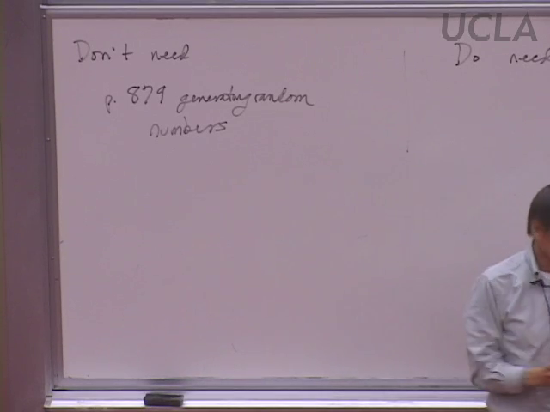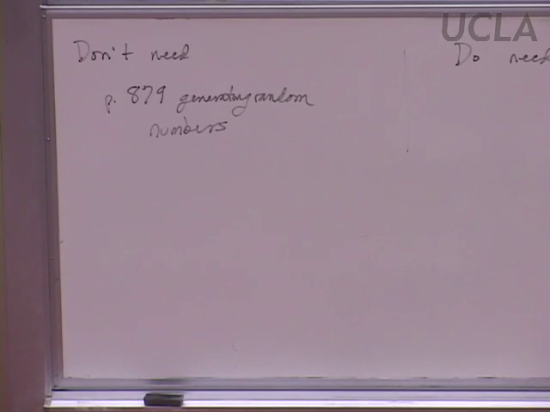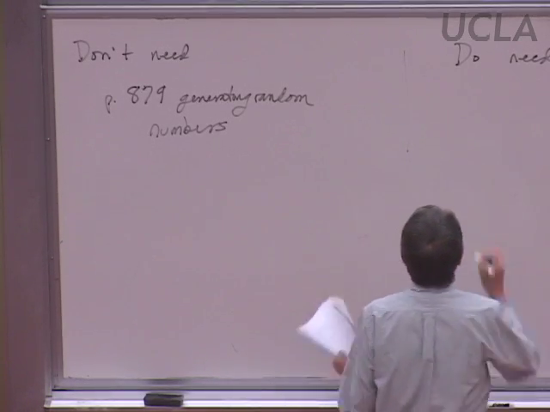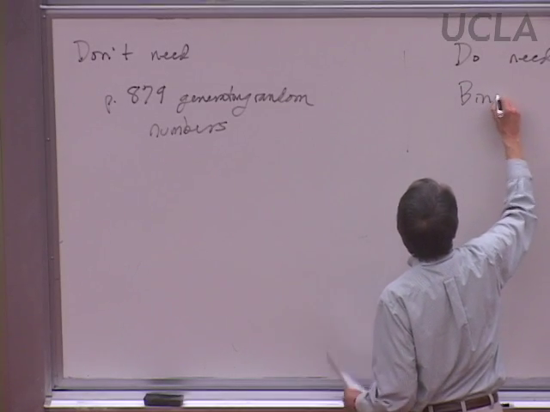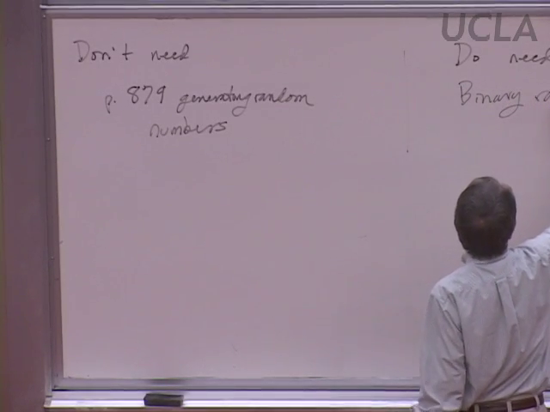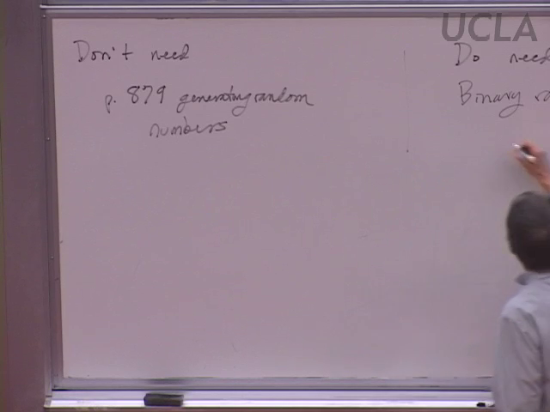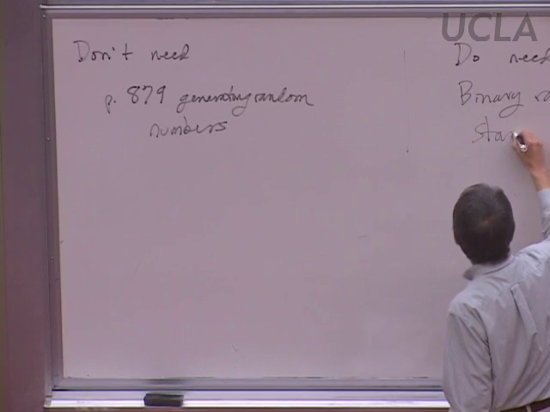But to balance that, what we do need, which is not in the book, or is in the book only mentioned in passing, is the fact that a binary random variable has standard deviation no more than a half.